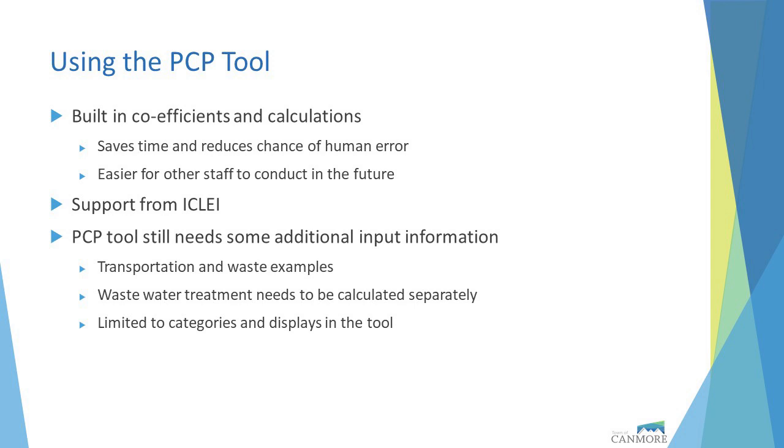You can be out a decimal place and it drastically impacts your results. So I felt that the QA and QC done by ICLEI in the back, because they're constantly updating this tool, and with the number of people using it, means the chances of human error are a lot less. For me, I found the PCP tool a lot more user-friendly and simpler to use than the spreadsheet that was built for us by the consultant.